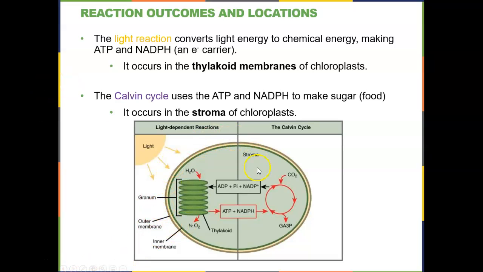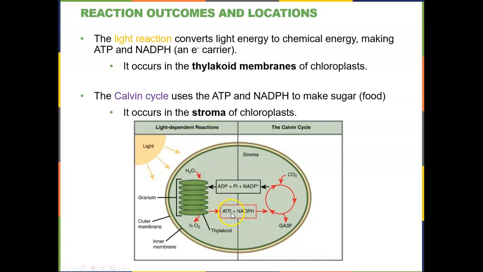The Calvin cycle, on the other hand, occurs all in one chloroplast. This isn't a plant cell. The Calvin cycle uses the ATP and the NADPH made in the light-dependent reactions to fuel the cycle, which is going to take in carbon dioxide and put those carbon dioxide molecules together in order to make sugars.